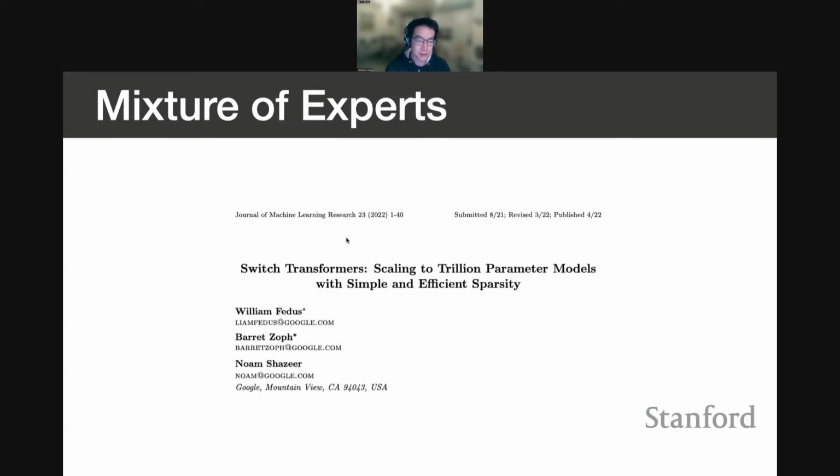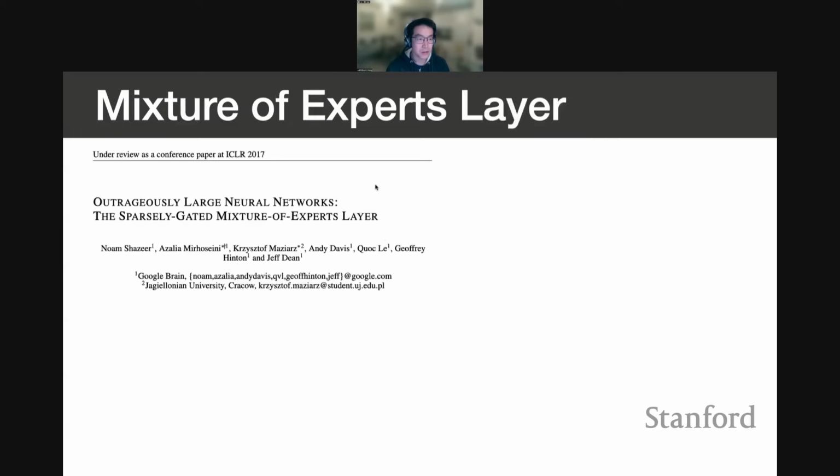That is the Google paper that scales transformers to trillion parameter models with simple and efficient sparsity. And they discuss a lot about the parallelism decisions you can make about data parallelism, model parallelism, and expert parallelism. And the mixture of experts layer is an even older idea, from 2017, also by some quite famous people from Google.